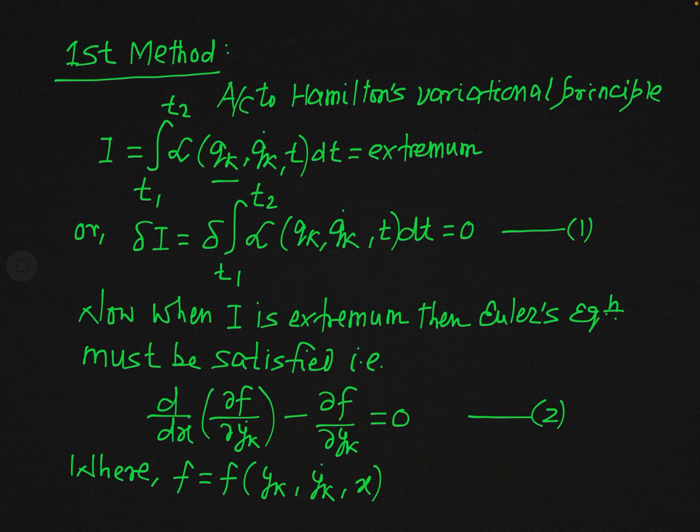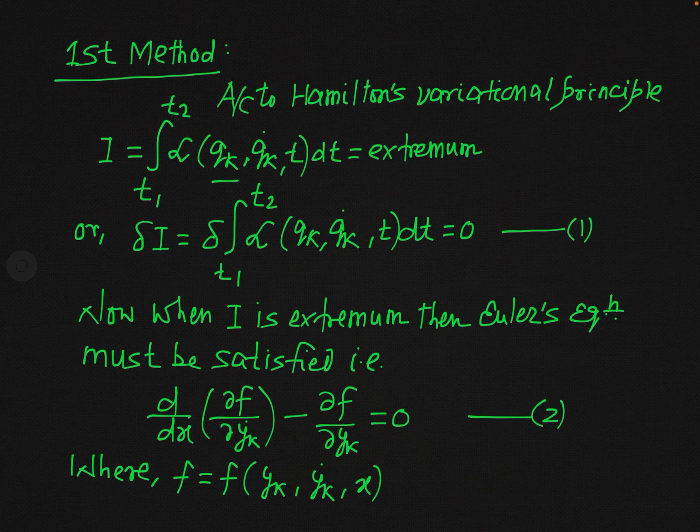Now from calculus of variation, we know that when I is extremum, then Euler-Lagrange equation must be satisfied. You have discussed this fact in very much detail in earlier lectures. And what is that Euler-Lagrange equation? This is d/dx (∂f/∂y'k) minus ∂f/∂yk equal to 0.